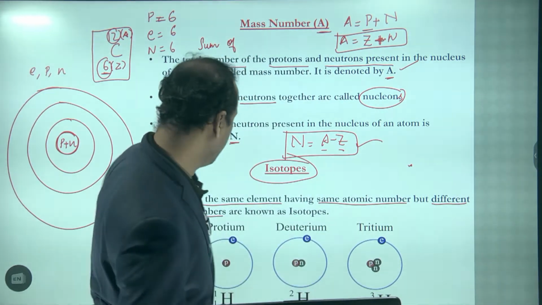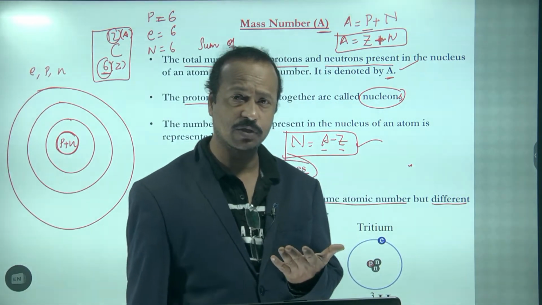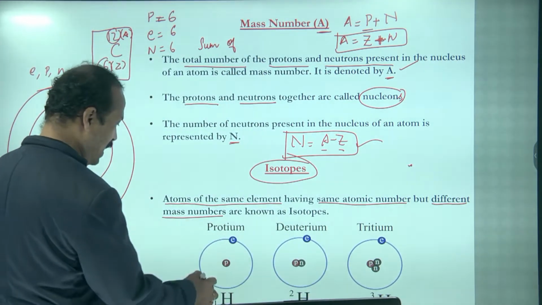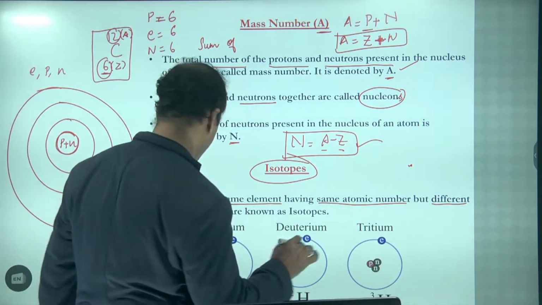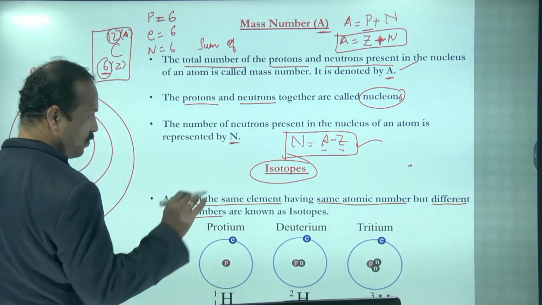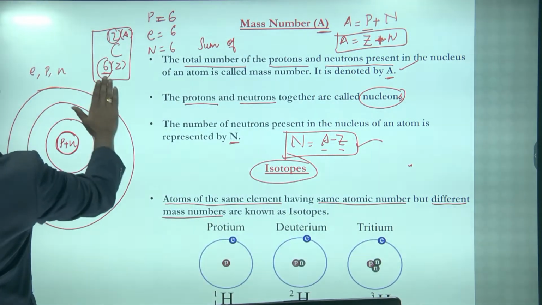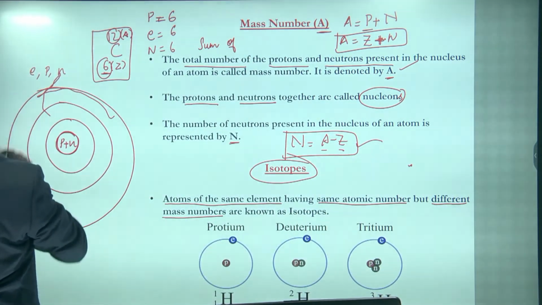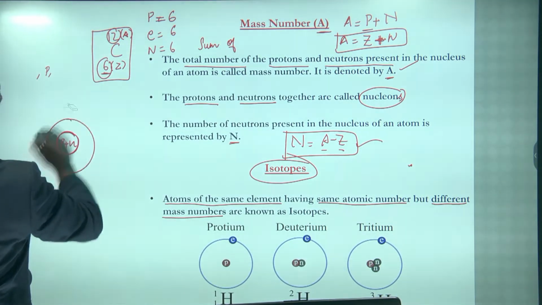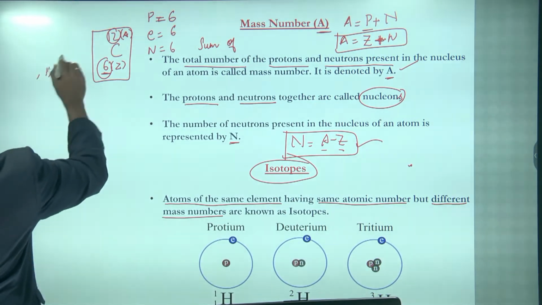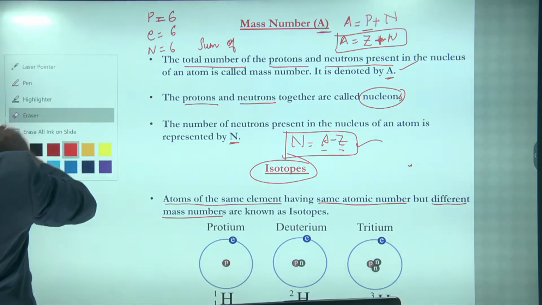Now see, many elements exist in different forms like isotopes. Many elements have isotopes, but here the example given is hydrogen. Hydrogen normally exists in three forms.